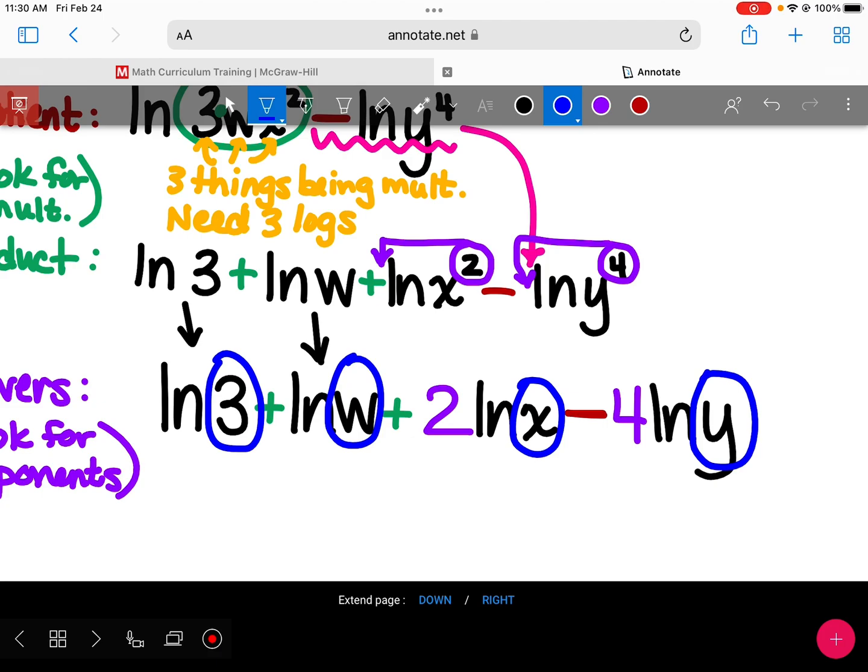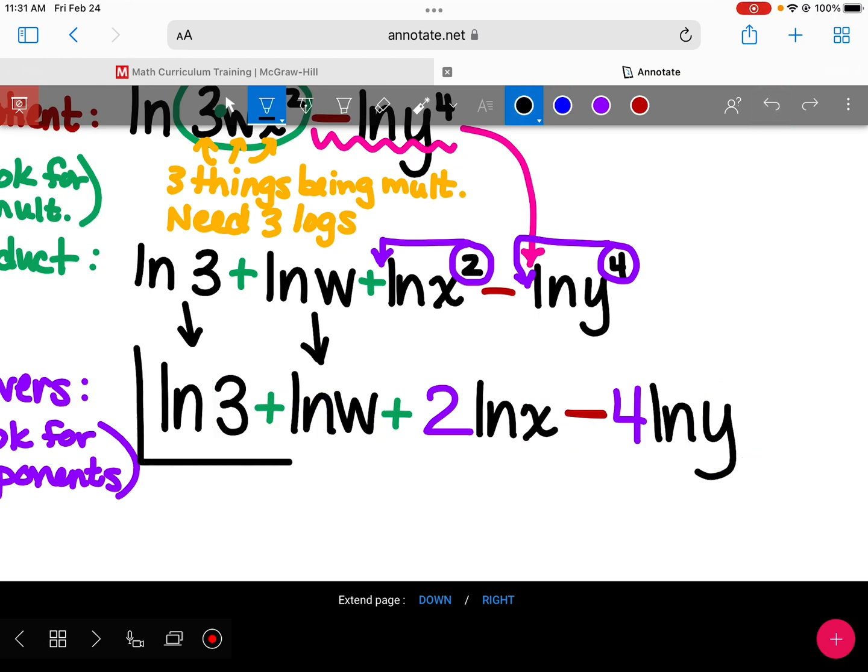Is there any division in any of those arguments? Nope. Is there any multiplication in any of those arguments? Are there any exponents there? No. Then I'm done expanding. This is my fully expanded expression.